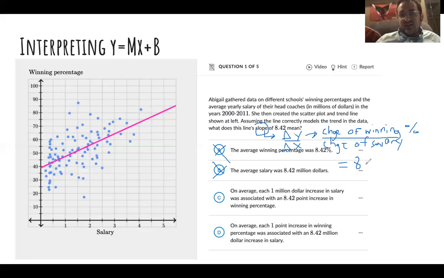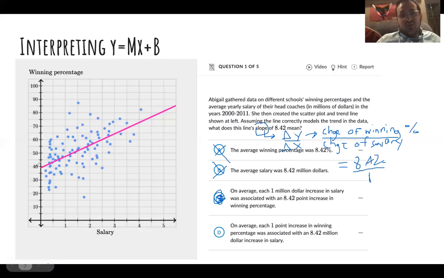So it does give us that the slope is 8.42. So that's our change in winning percentage, and it's 8.42 over 1. So what this is saying is that it's an 8.42 change of winning over a $1 million increase in salary. Therefore, it would be that answer choice.